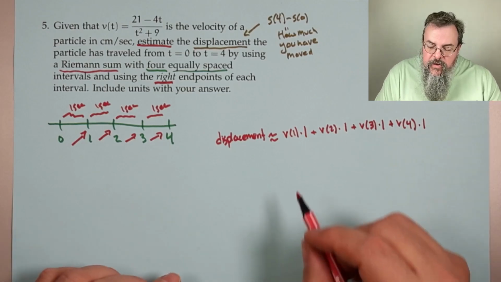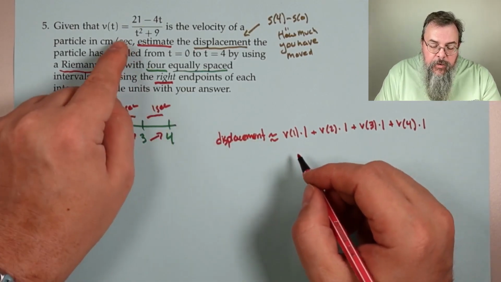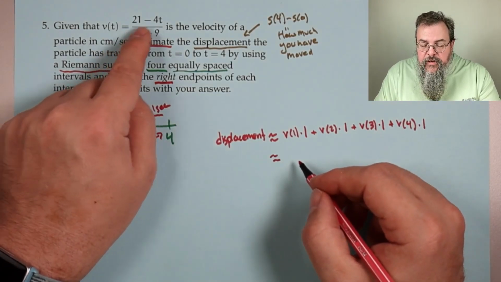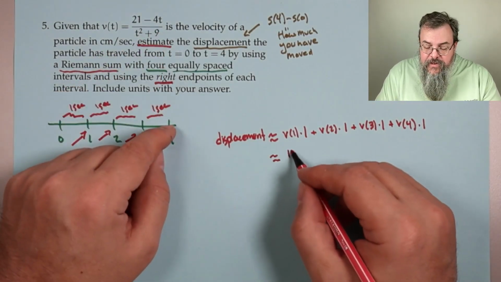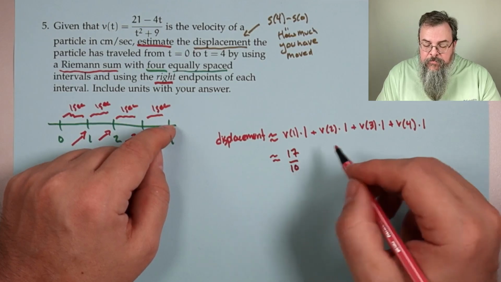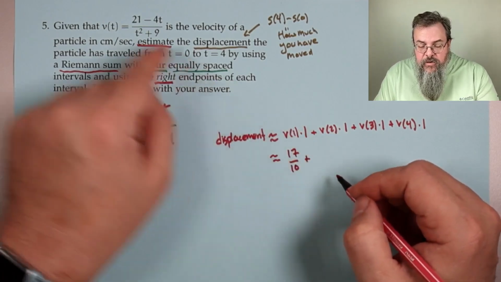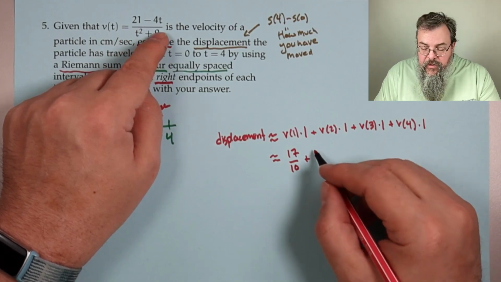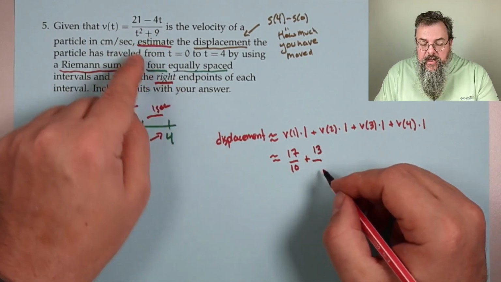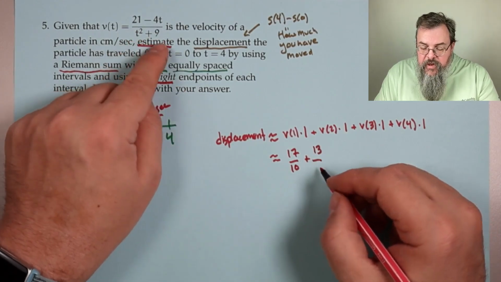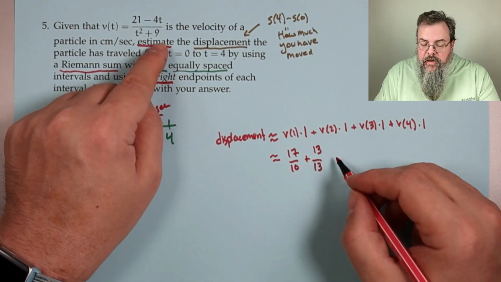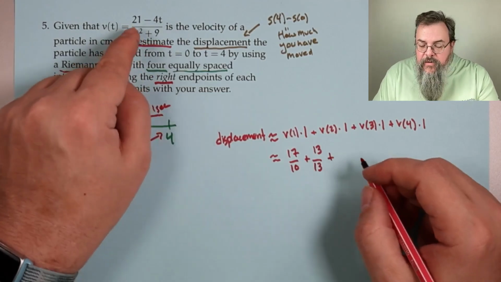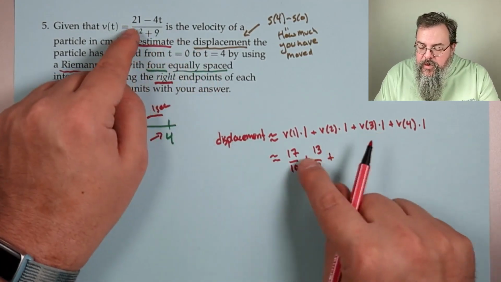All right, what's our velocity at time 1? Plug it in. We get 21 minus 4, 17, over 10, plus, plug in 2, 21 minus 8, 13, divided by 4 plus 9, 13, plus, and these are all times 1, so times 1 doesn't do much, which is why I'm not stressing about writing down times 1.